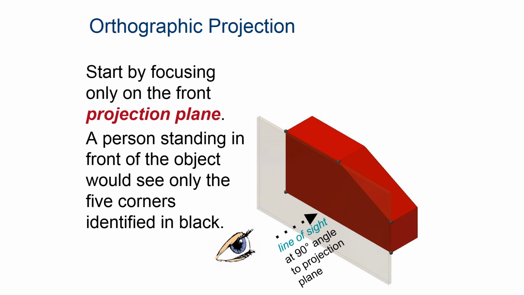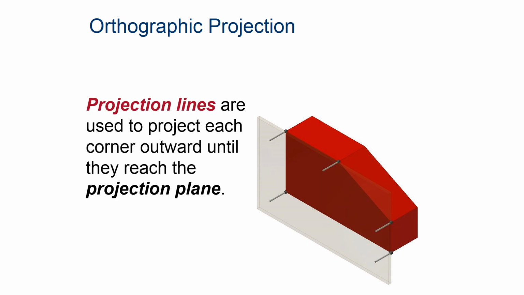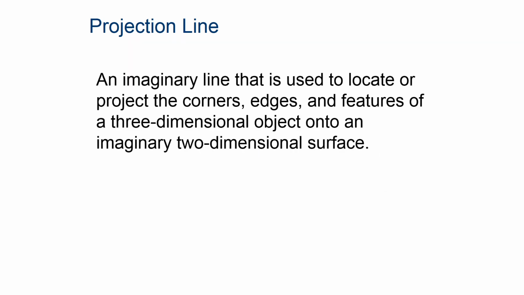You want to imagine or orient the object so you cannot see the depth of the object, so that you can see the 5 points. And then, and this is imaginary, in your mind, you're taking those 5 points and you're projecting them onto the plane.